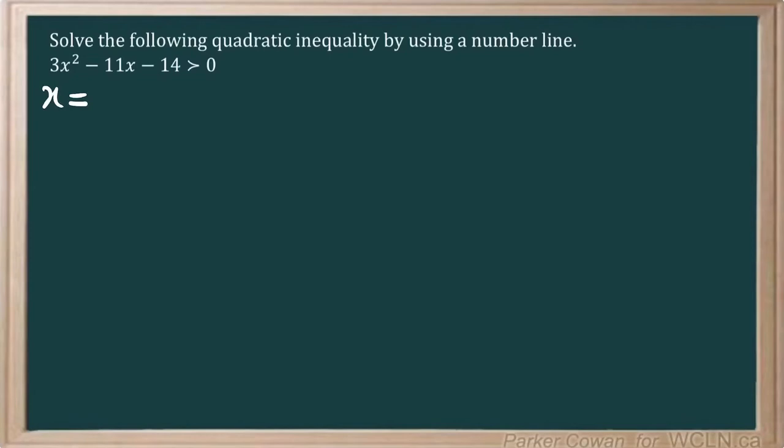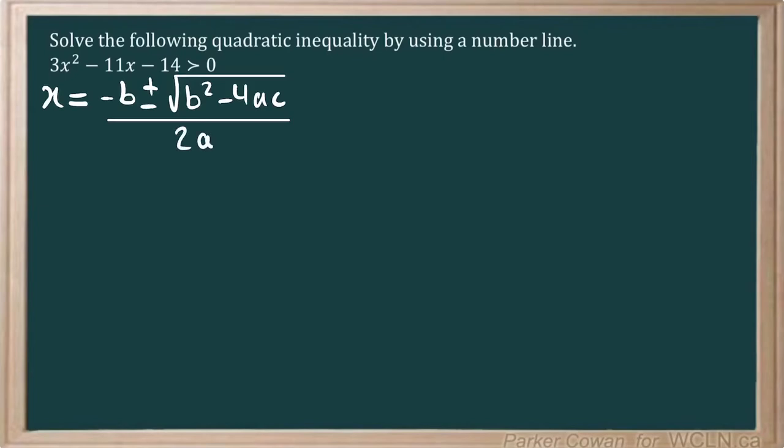We have x is equal to negative b plus or minus root of b squared minus 4ac all over 2a. Okay, so this is our a, this is our b, this is our c. So let's go ahead and plug this all in.